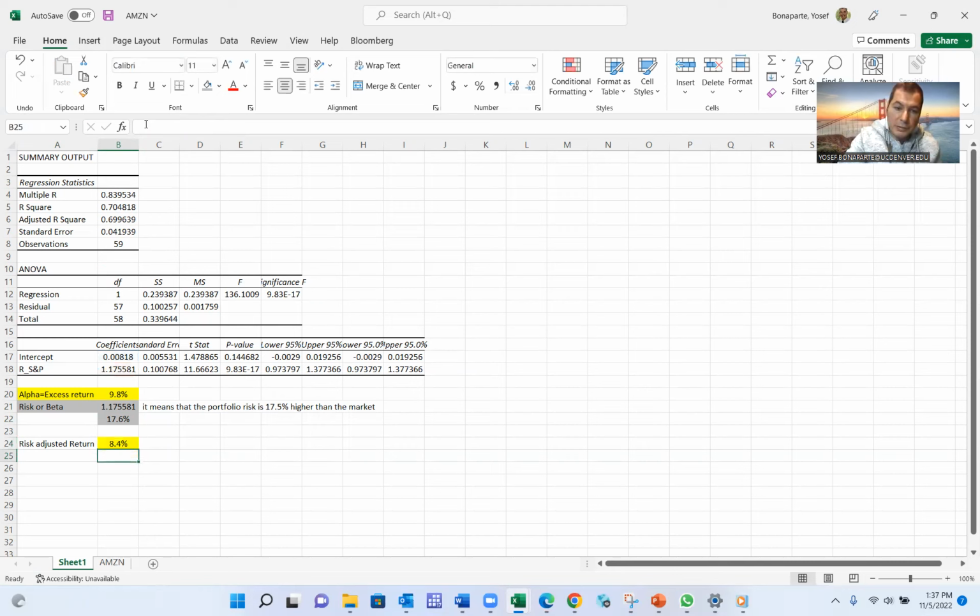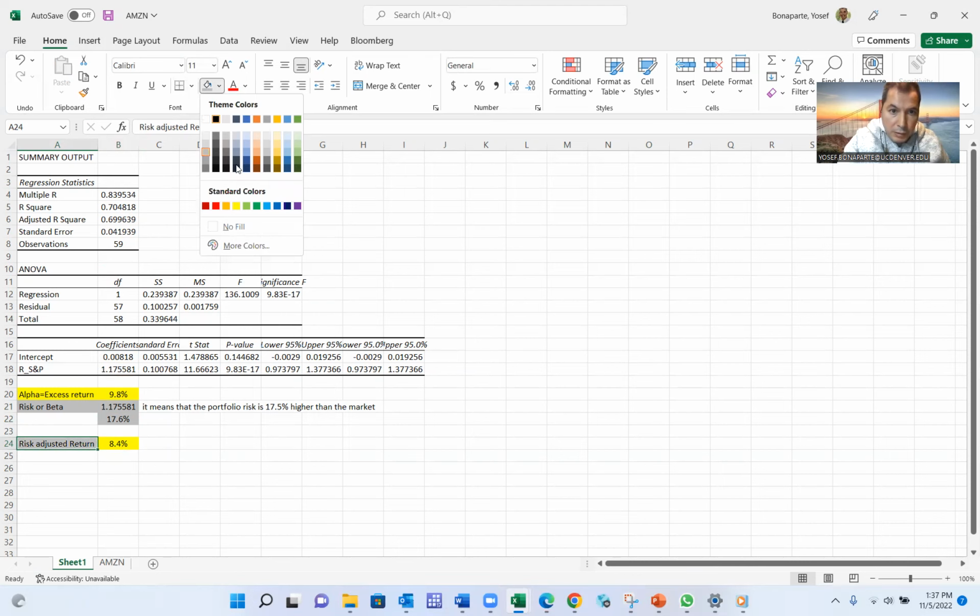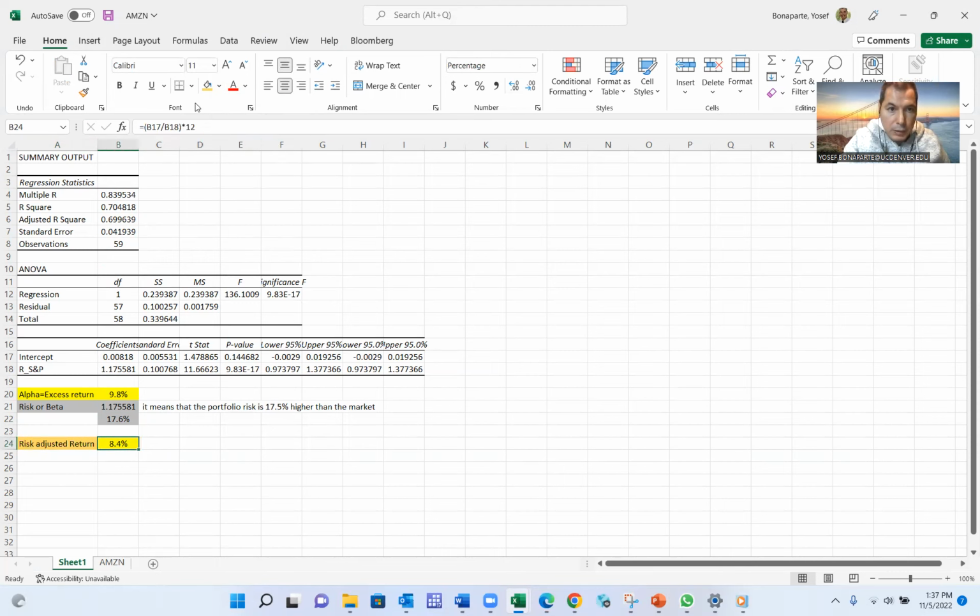So then the excess return, the risk-adjusted return, is the key quantity that we care about. Let me give it a different color, orange. So the bottom line, your portfolio gives you an excess return of 9.8 at the annual level. The beta doesn't matter, monthly or annual level, 17.56% higher.